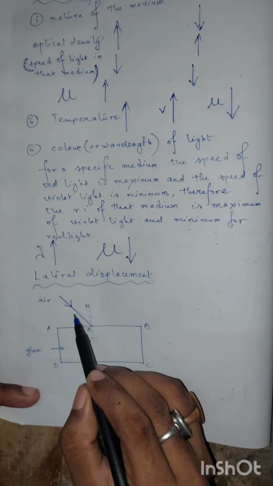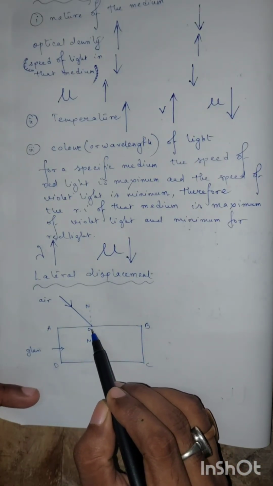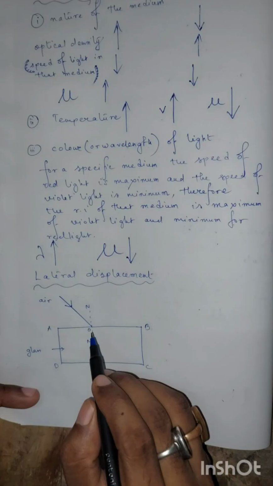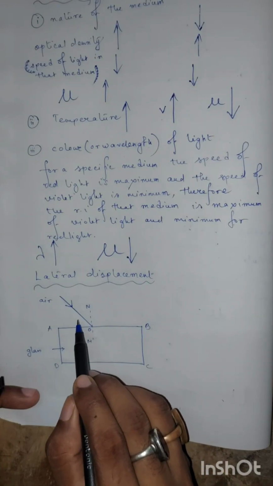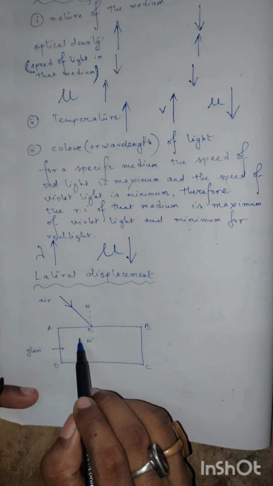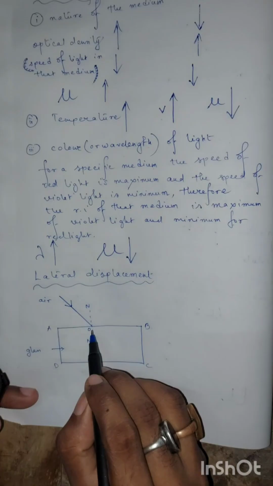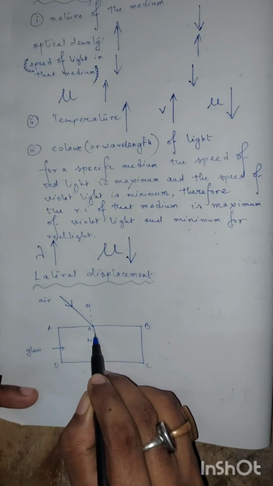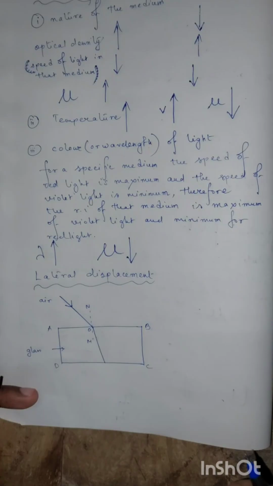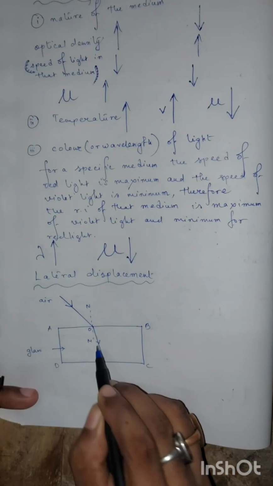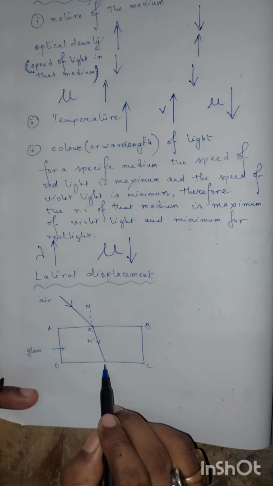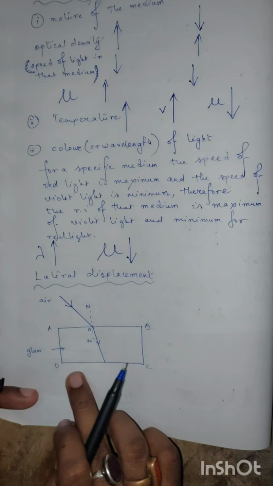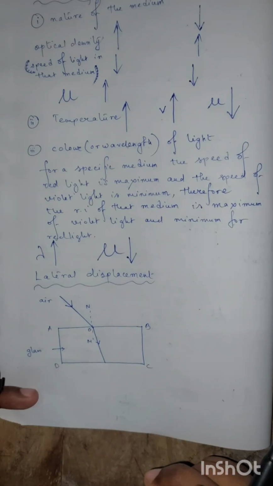So when the light ray strikes the glass block, as it is traveling from a rarer to a denser medium, it bends towards the normal like this, and it again strikes the other side of the glass block.